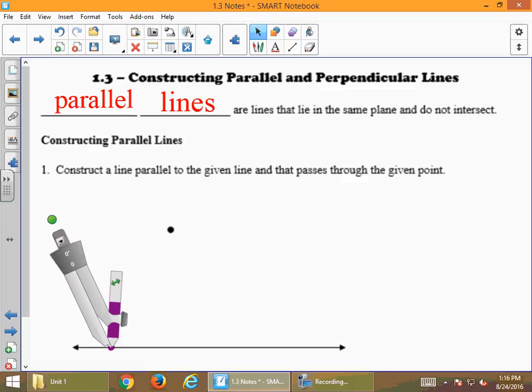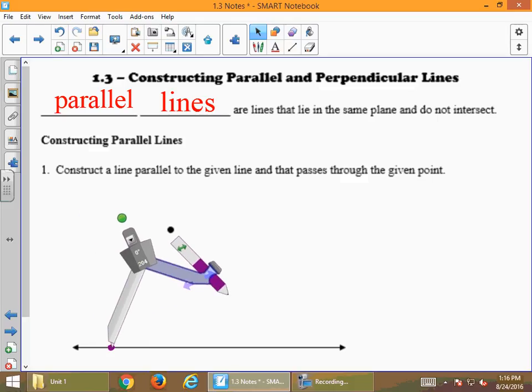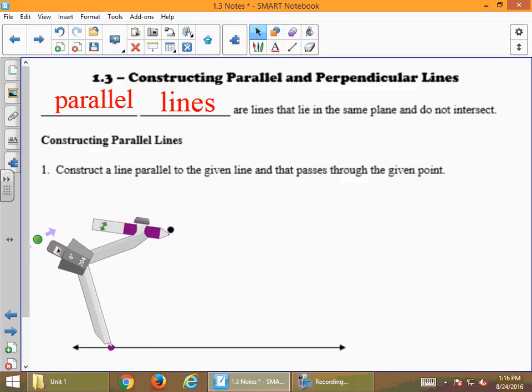I'm going to open the compass to the distance of where that dot is. I'm measuring the distance of that dot, right there. How do I mark that I made that measure? Well, I'm going to do a little arc. That little arc says, yes, I made my measurement. There it is.